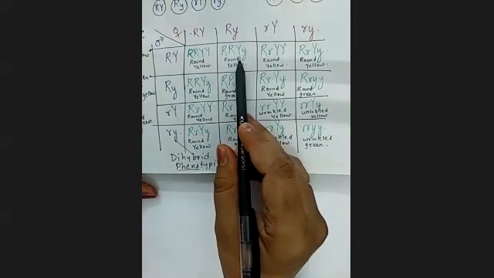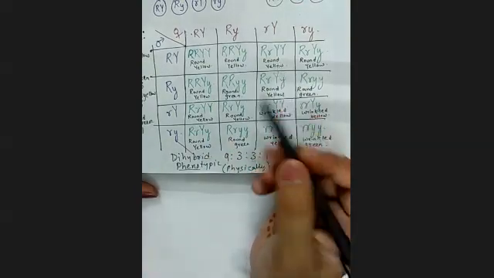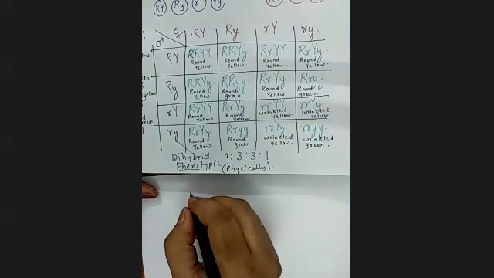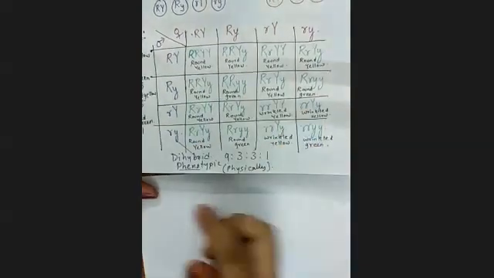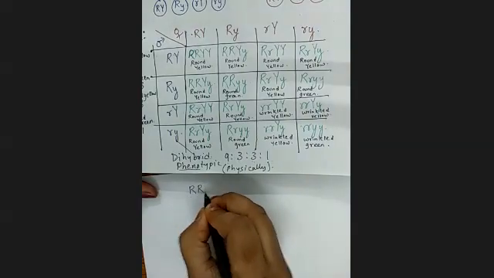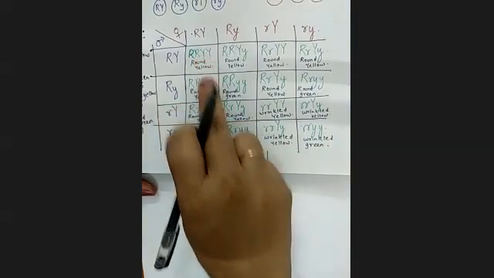They were not purely round and yellow. Something was there which has not been observed physically. So if you go for the genetic combinations of different types, one major combination you can see something like this.